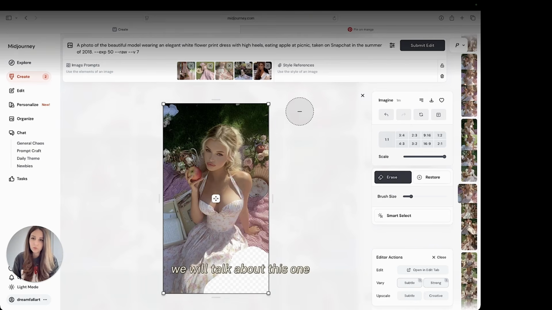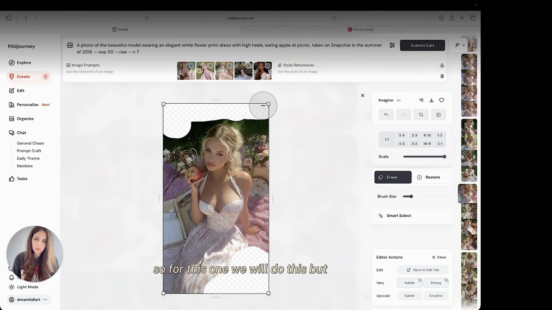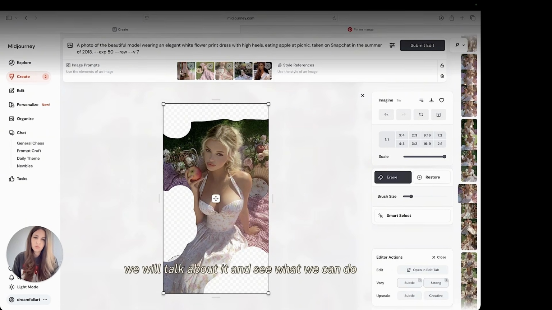We will talk about this when we talk about people. It's really something that Midjourney needs to change, because it's not very comfortable to use. So for this one, we will do this, but for the next images, we will talk about it and see what we can do. Just knowing that we can't change much, you know, it happens.